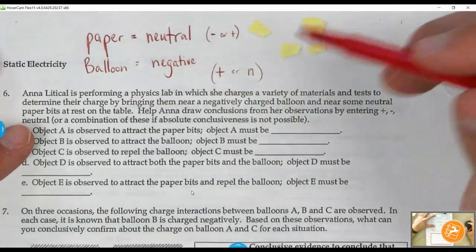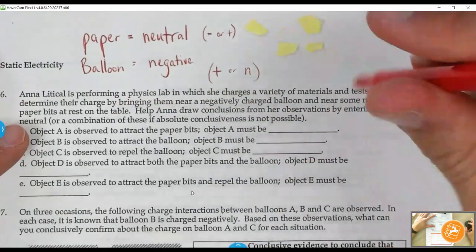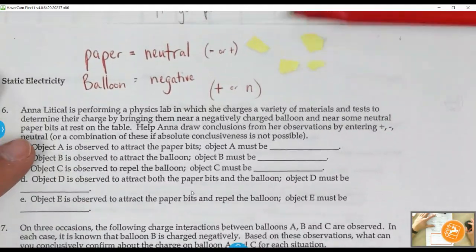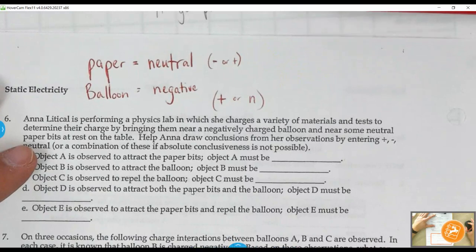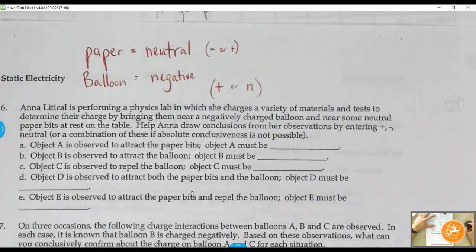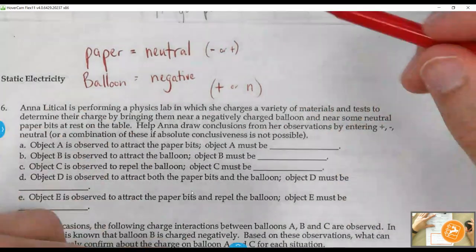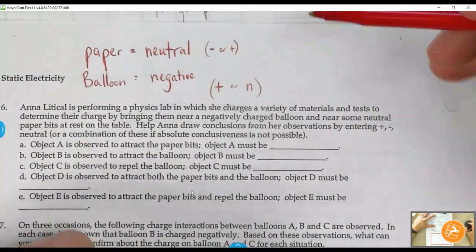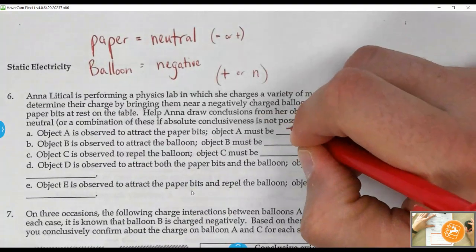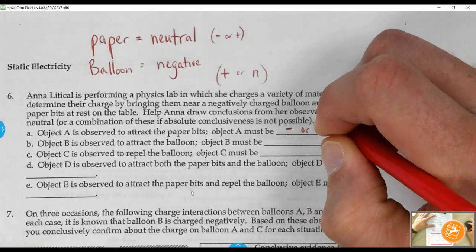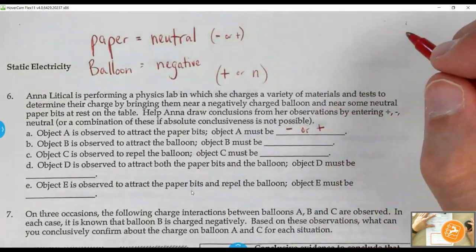Object A is observed to attract the paper bits. So let's say my pen is object A, and if I hold the pen here, they're attracted to it. What would the charge on this object have to be? The paper bits were just attracted to the pen. It could be positive or negative. It could be either one of those.